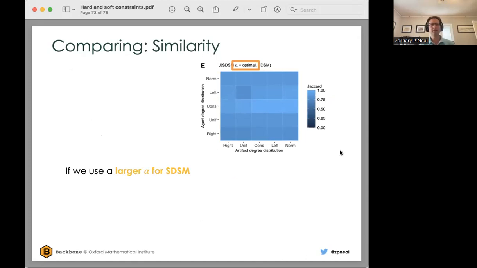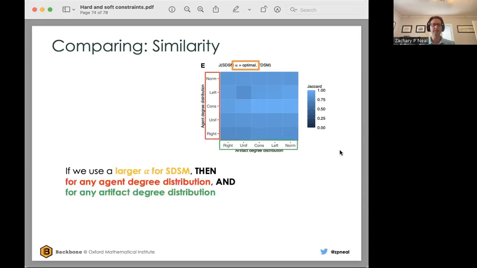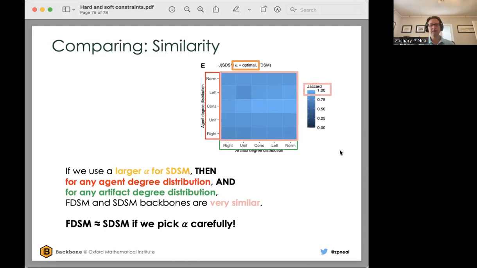So in this case, if we use a slightly larger alpha value, I'm still extracting the hard constraint backbone at a significance level of 0.05. But in this example, I'm using a slightly higher alpha, around 0.11, 0.12, to extract it using soft constraints. So we use a slightly larger alpha for the soft constraints. What we observe is for any agent degree distribution and for any artifact degree distribution, the FDSM hard constraint backbone and the SDSM soft constraint backbone are very similar.